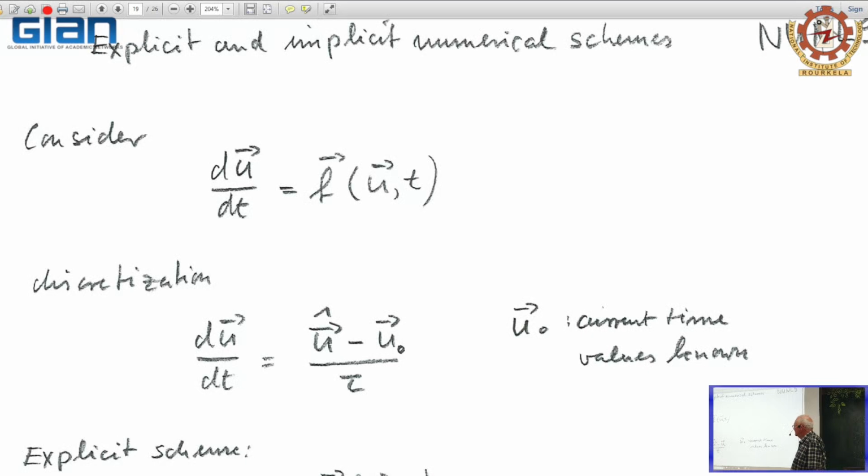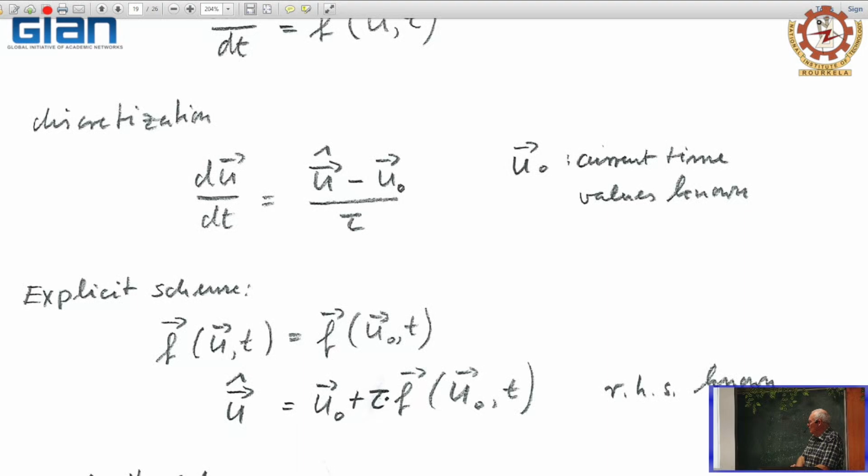Well, you discretize this in the form as before. The du by dt is u hat, which is the value of the vector u at the new time step, minus u0, which is the value at the current time step, divided by the difference of the times t_{n+1} minus t_n, which is the time step tau.